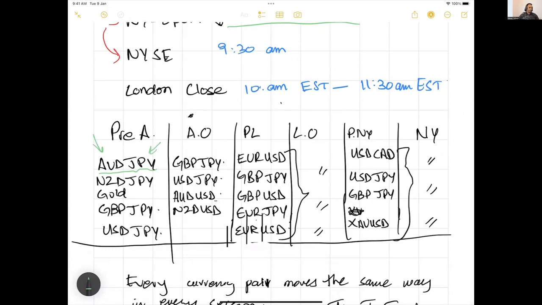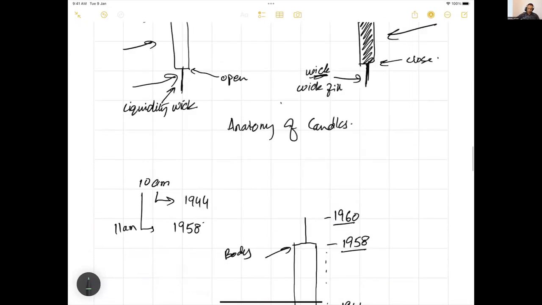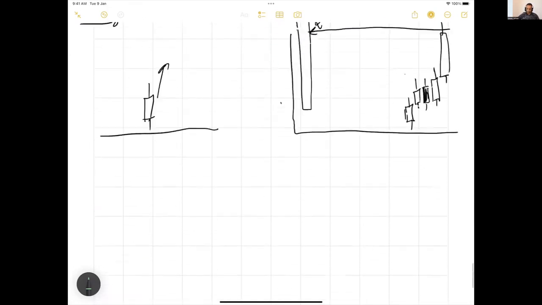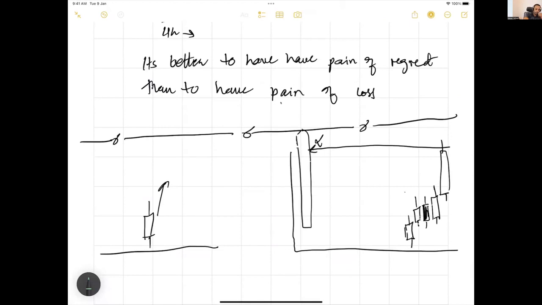It's going to be difficult. I'd rather just choose GBP JPY, where I only have to do analysis on JPY and then see where price is going to go. I just have to keep it very, very simple.